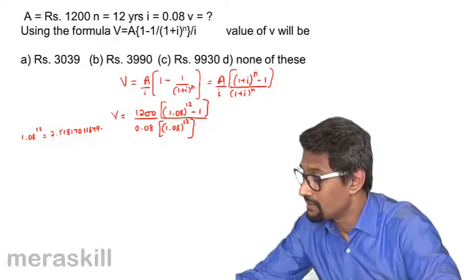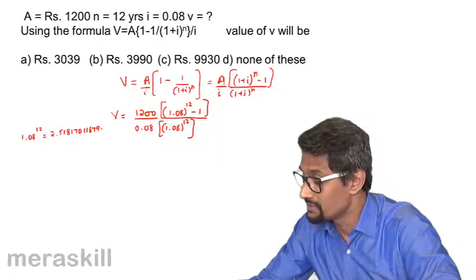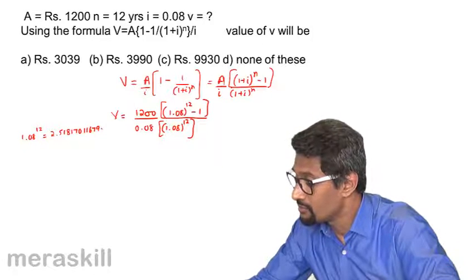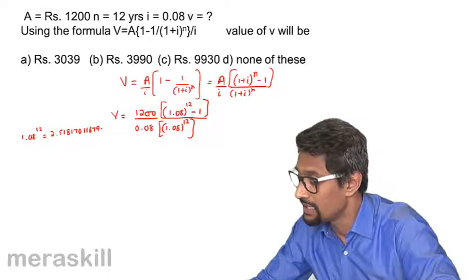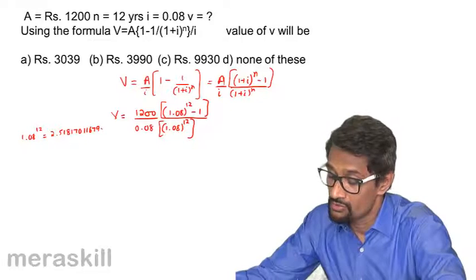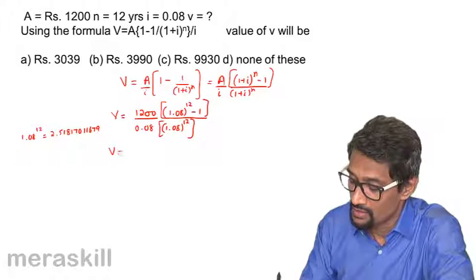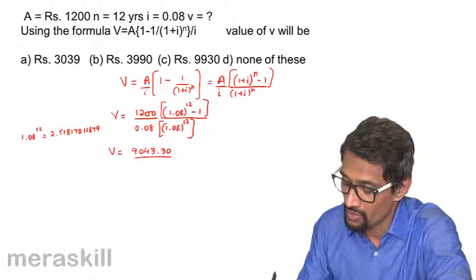We have 1821 divided by 0.08, and this you have to further divide by 2.518,170,11679, which turns out to be 9,043. So this V turns out to be around 9,043 rupees 30 paise and odd.